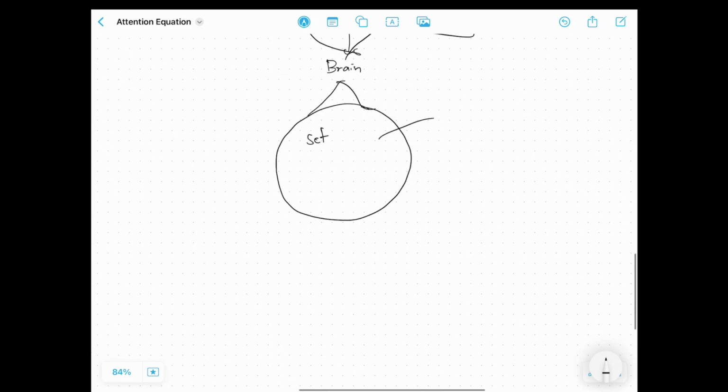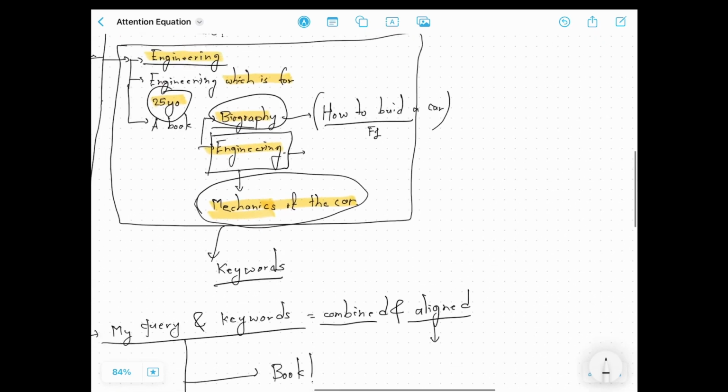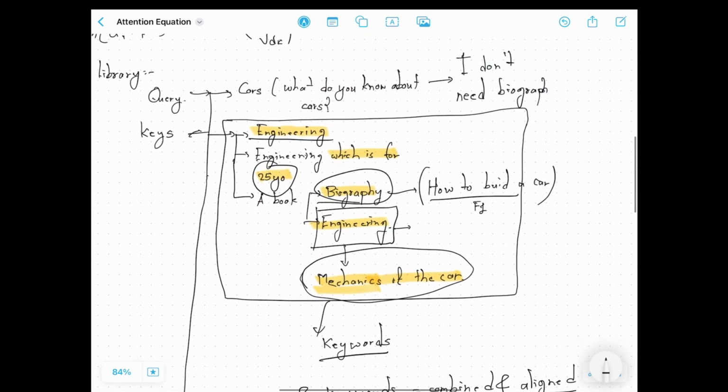So he won't be just giving me one specific book, or maybe he will be giving me one specific book. But what I want to point out is, he won't be just giving me one specific book. He will be giving me a set of books which may or may not align with my needs. Here we pointed out that I said I want a book about cars, and I never specified whether I would need a biography or not.